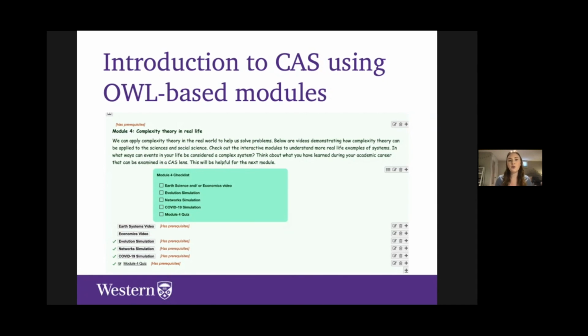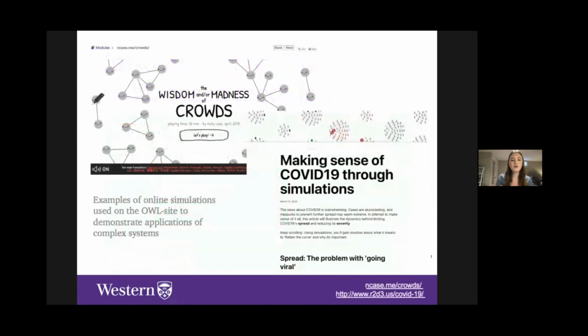So if you're looking for a place to start when introducing complexity theory, the resources section on the CAS Lab website is really helpful. And here are just two of the simulations that we included in the OWL site, one about social networks and one about COVID. My practicum peers will be looking at these applications in detail a little bit later.